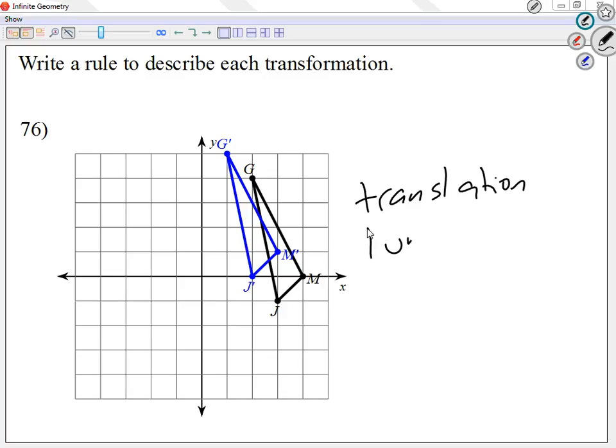Translation, 1 unit left and 1 unit up. Now you move 1 to the left and 1 up. So any questions up until 78?